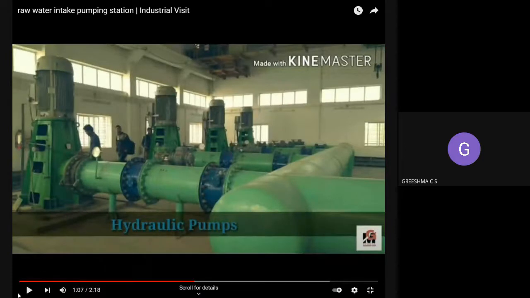This is one of the pumping stations that is in Rajasthan.